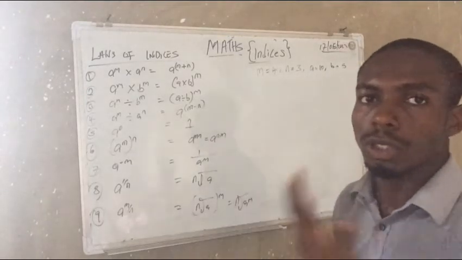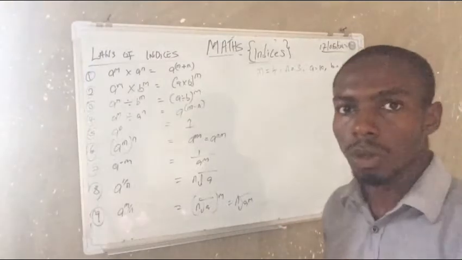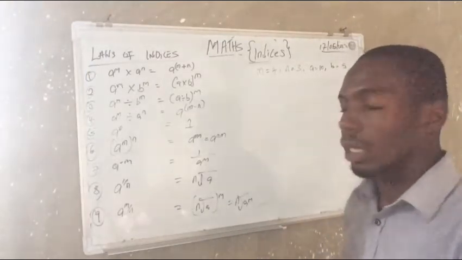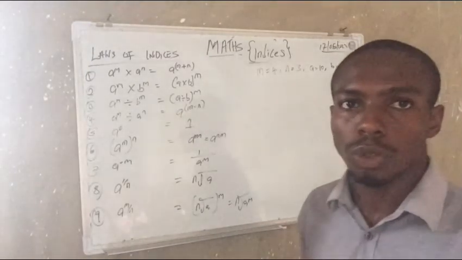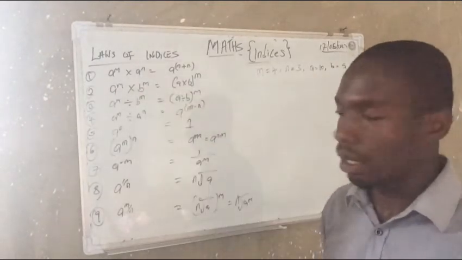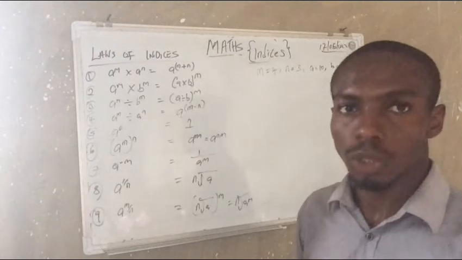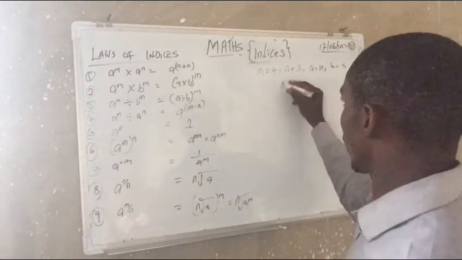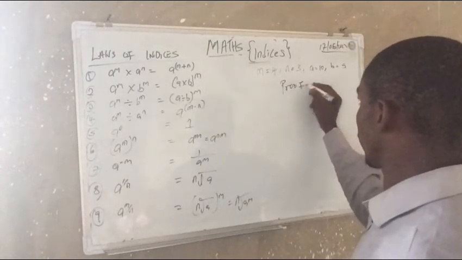It is not a must. You don't have to do your own like this. You might want to choose any number, it will still work out, because m and n, a and b, are all dummies. So we'll go back to proof.